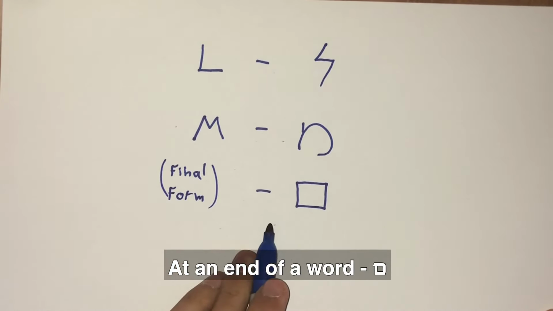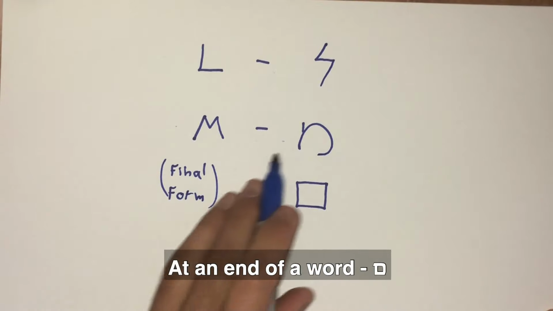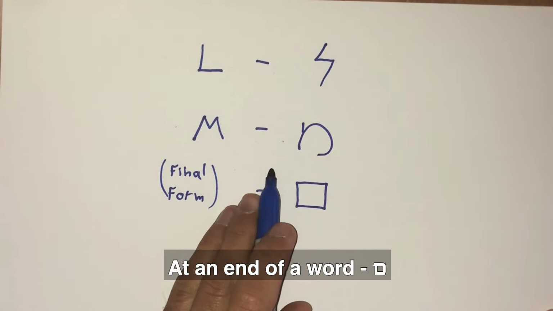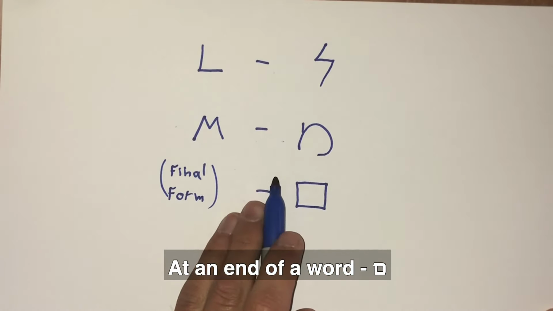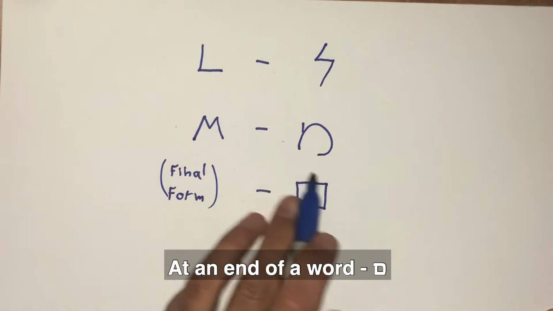So once again, Mem in the end of the word. Whenever we have a Mem, we write it like so, just like a square. In every other place in the word, in the beginning or in the middle, the Mem looks like this. Lamed, Mem.